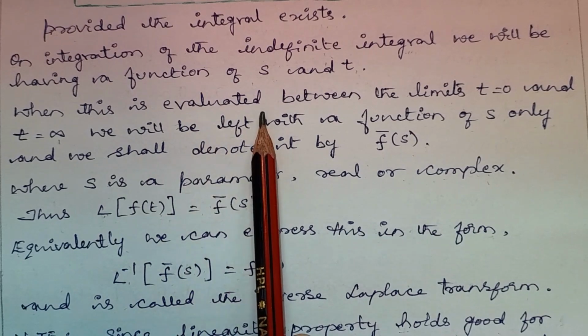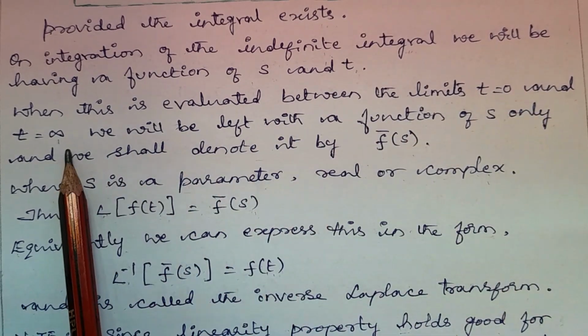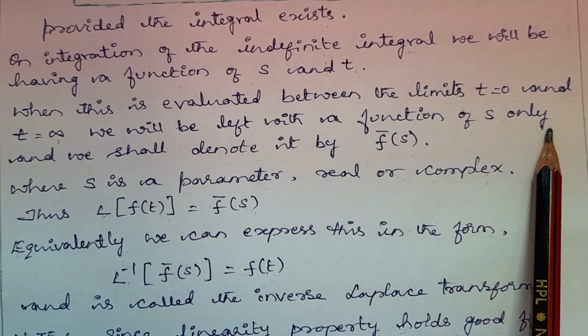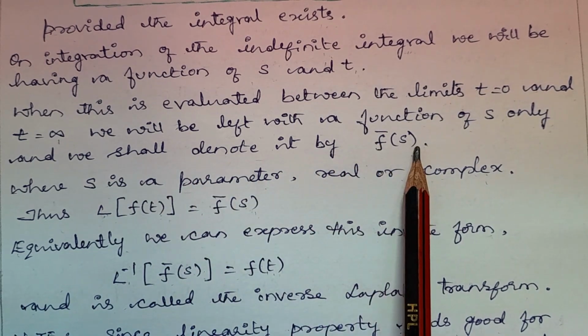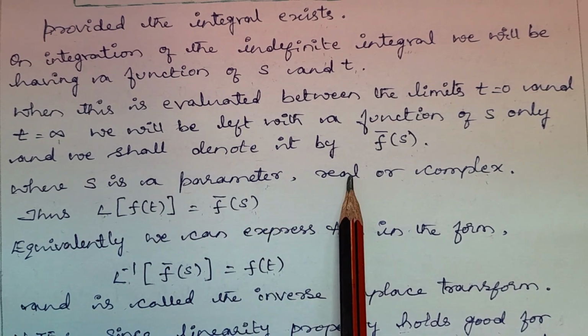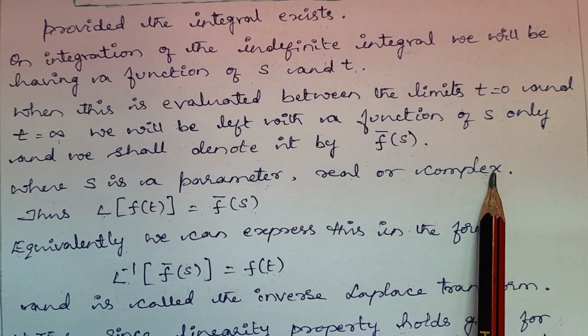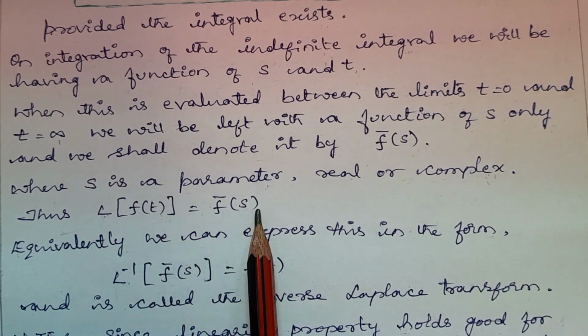When this is evaluated between the limits t equal to 0 and t equal to infinity, we will be left with a function of s only, and we shall denote it by f bar of s, where s is a parameter, real or complex. It means both real and imaginary. Thus, Laplace transform of f of t equal to f bar of s.